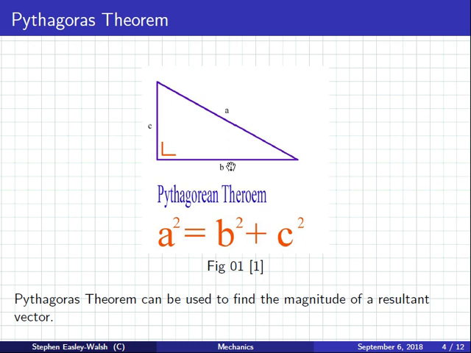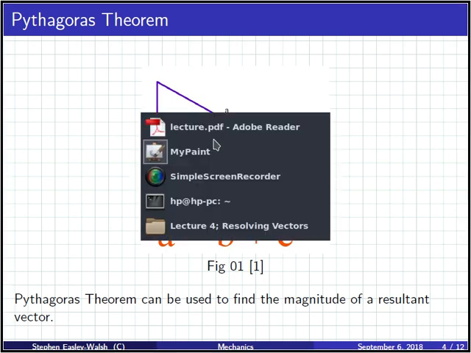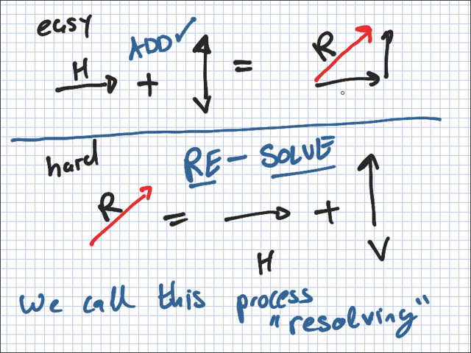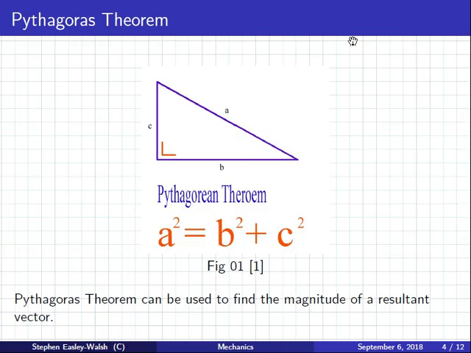So why do we need Pythagoras? Well, if you know how long this is and how long this is, you can know how long this is. That's why it's useful. I think it would be good if you write his name down, his English name. You need to know this, his name. Pythagoras.